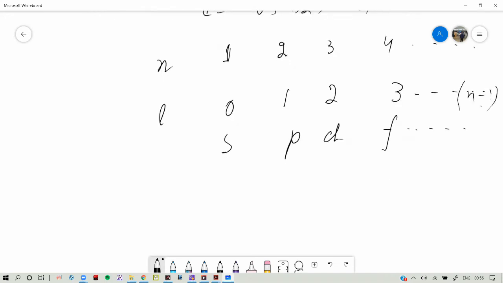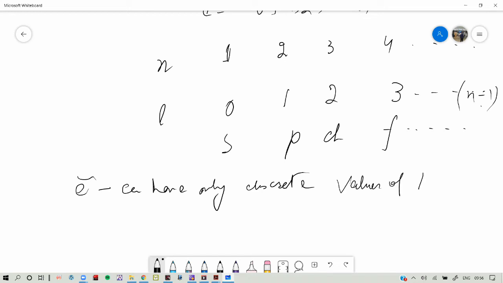So we also know that an electron can have only discrete values of L, that is angular momentum, that we have already seen from the postulates of Bohr's theory, nh by 2 pi.